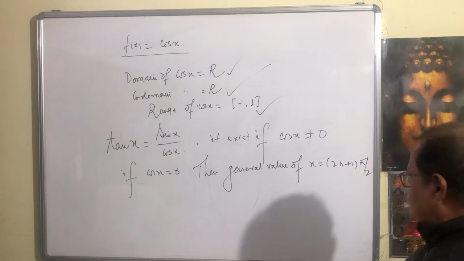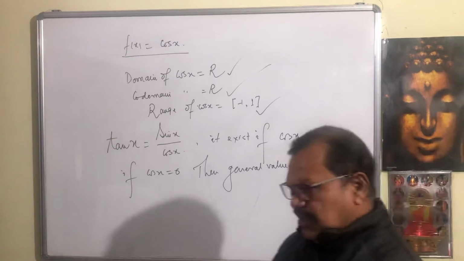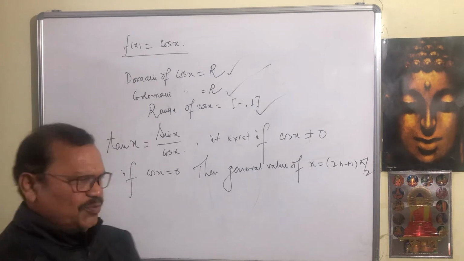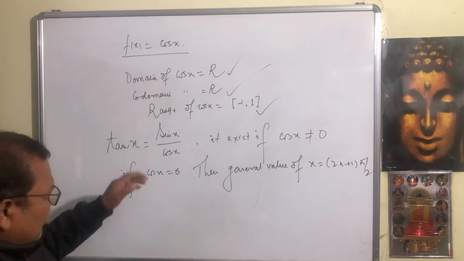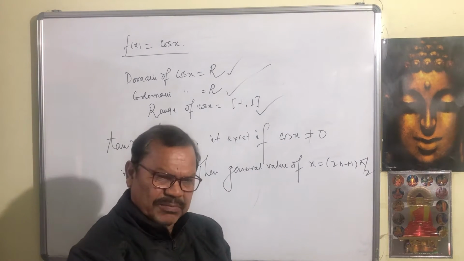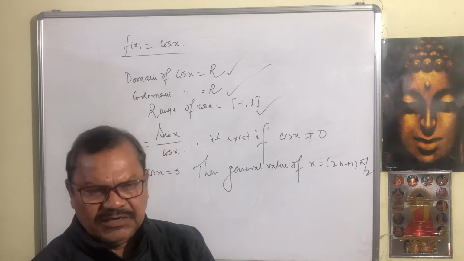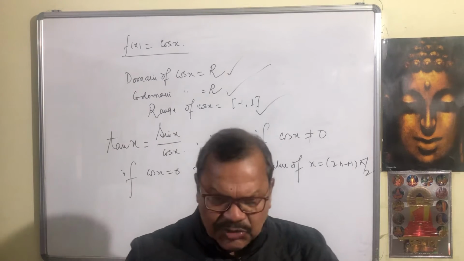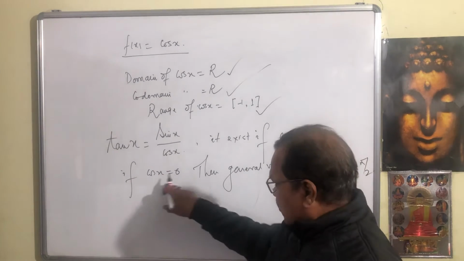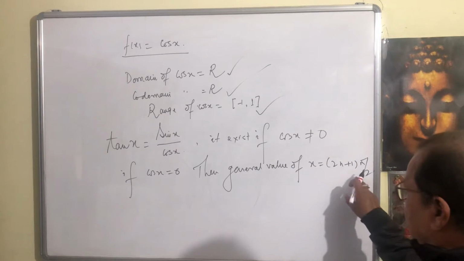That you have already seen in class 11 trigonometry, general value. Here I am making a review of what you have read in class 11, so that we can join class 12 for the inverse function.